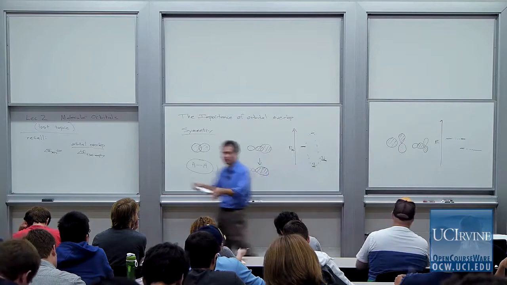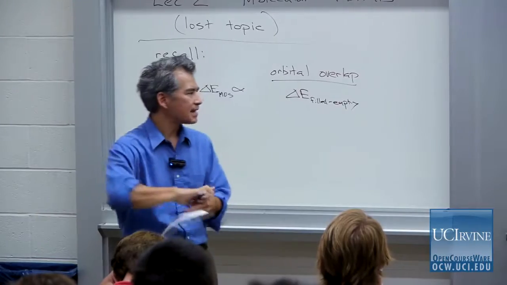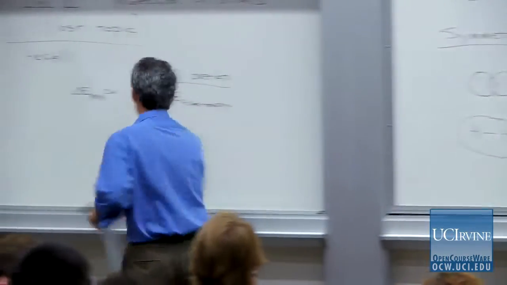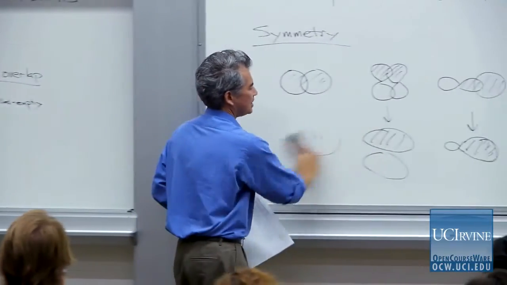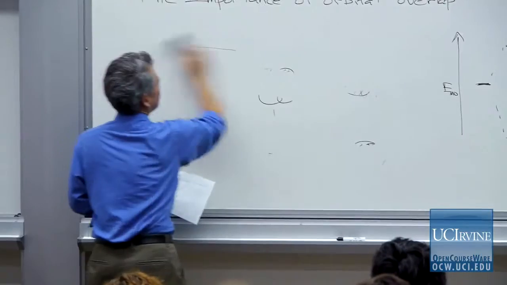There's a simple rule that relates to this in organic chemistry that has to do with bicyclic molecules, and it's called Bredt's rule. And let's talk about Bredt's rule. It's basically just a statement of this idea of symmetry.